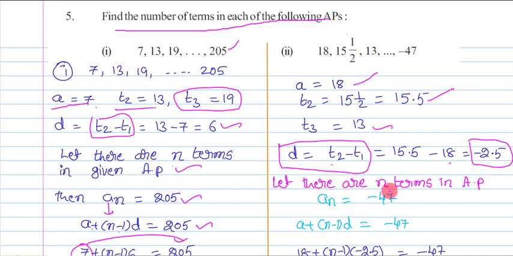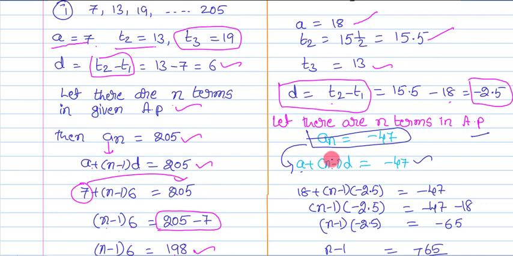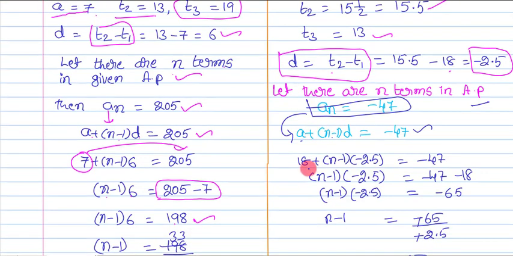And I am supposing that there are n terms in this AP. So the nth term becomes the last term. So the nth term is minus 47. And we know the nth term of the AP formula, a plus (n minus 1) into d is minus 47. In this we need to substitute a is equal to 18 and d is equal to minus 2.5.